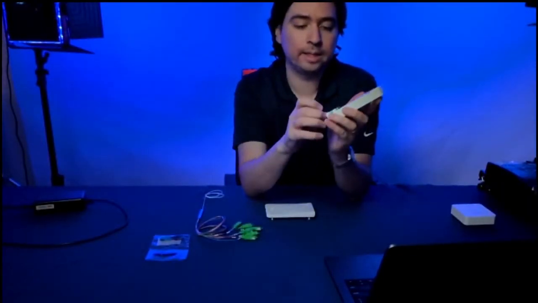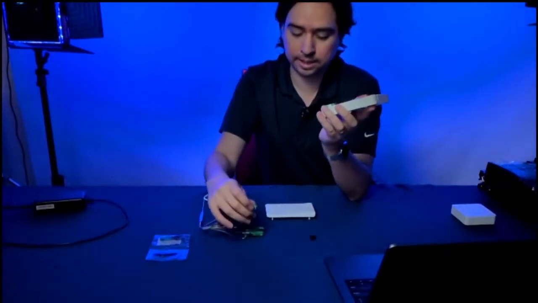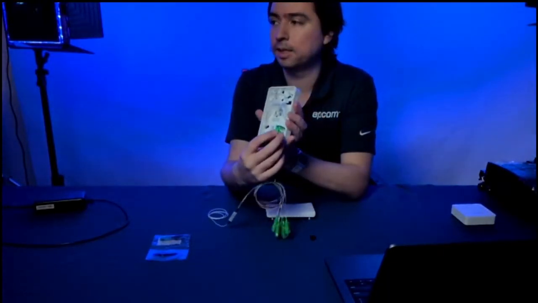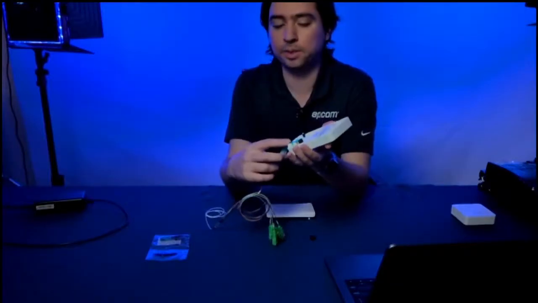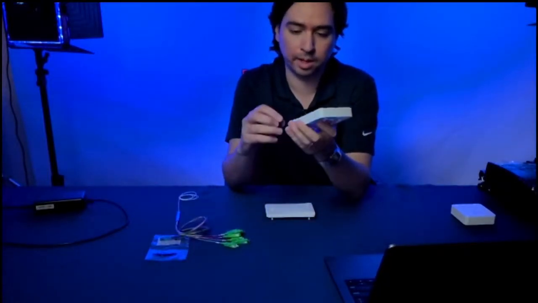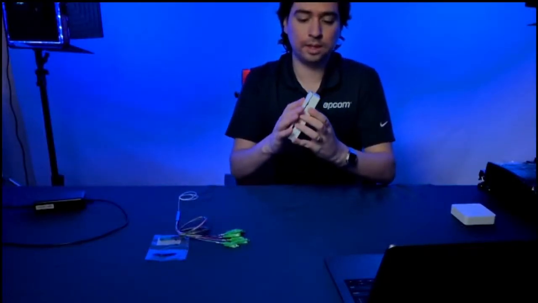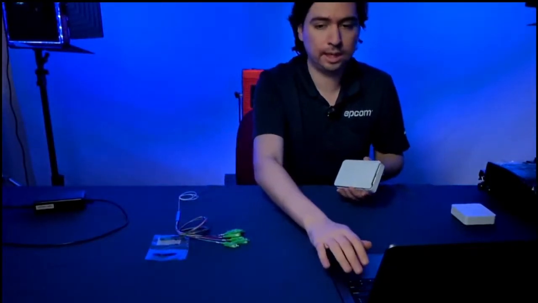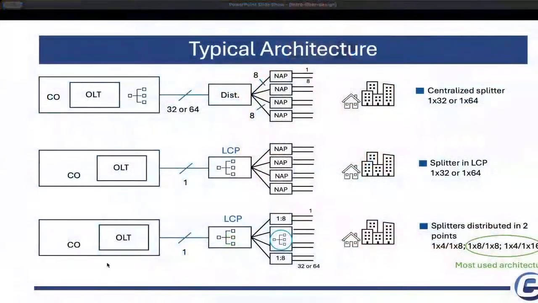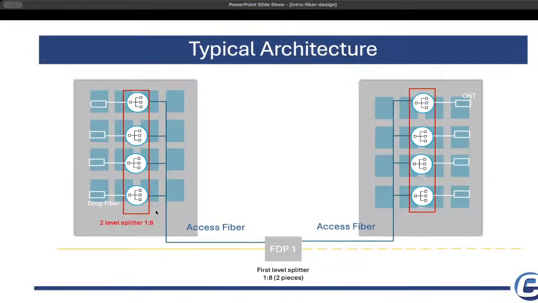So this little box takes in the connectors, and then you have fiber in the home, and you can run it from there to another spot. So let's go with the next slide then. Let me close this little box.